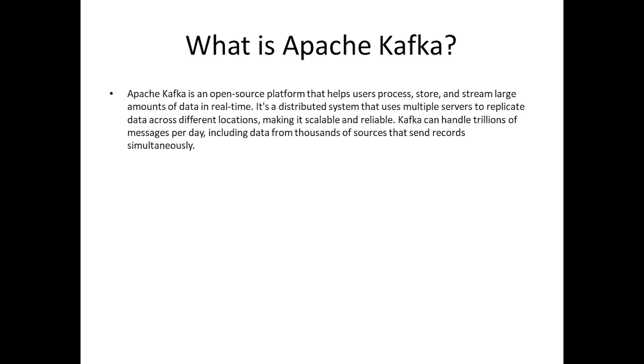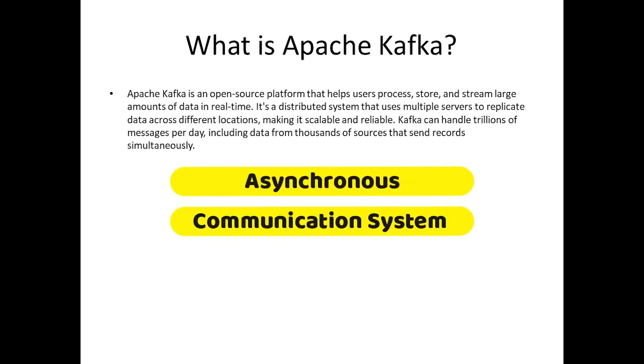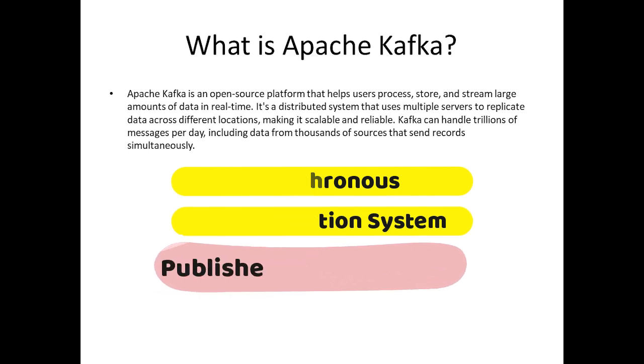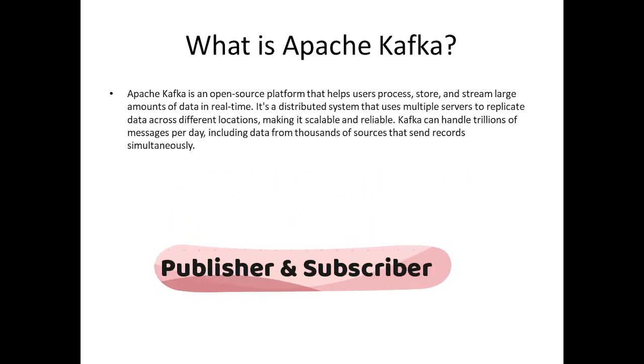Kafka can handle trillions of messages per day, including data from thousands of sources that send records simultaneously. In simple words, Kafka is like a communication system. It is an asynchronous call, exchanging data between publisher and subscriber to a particular topic.